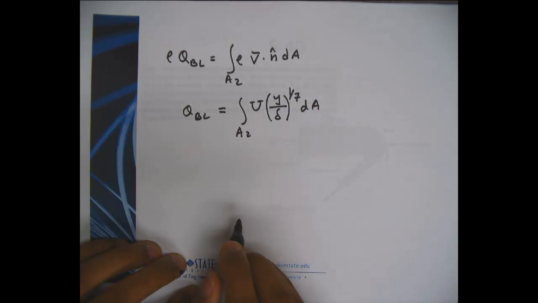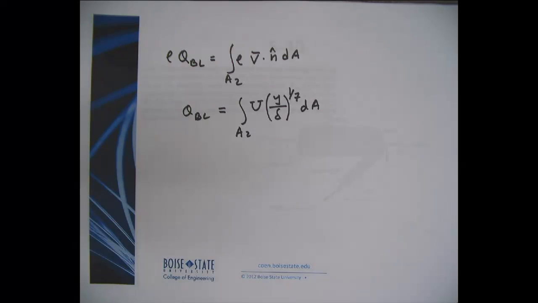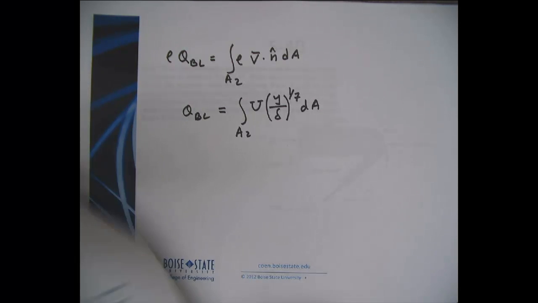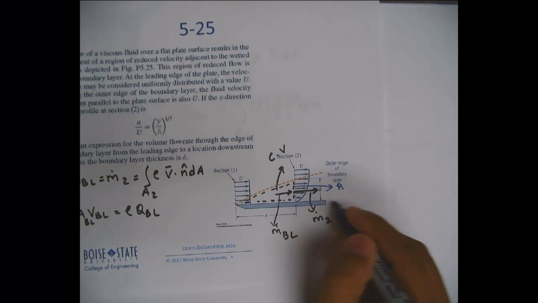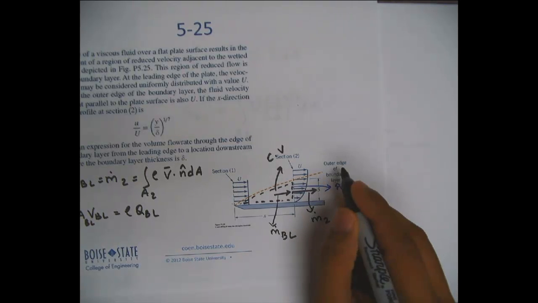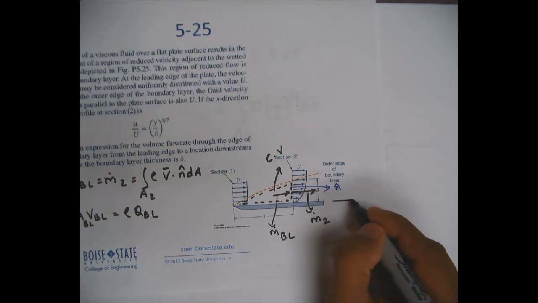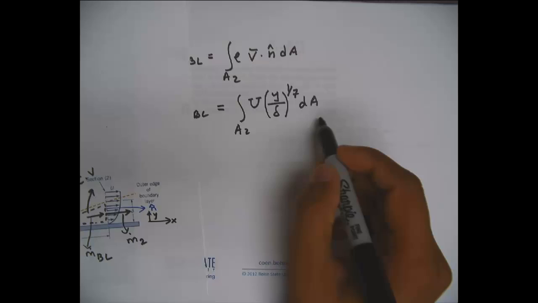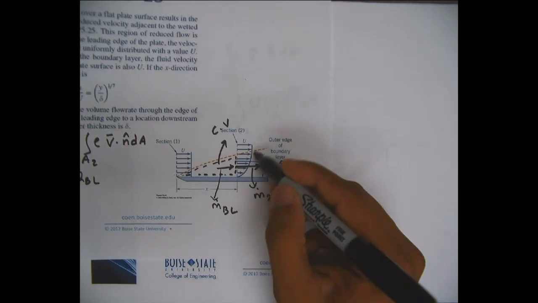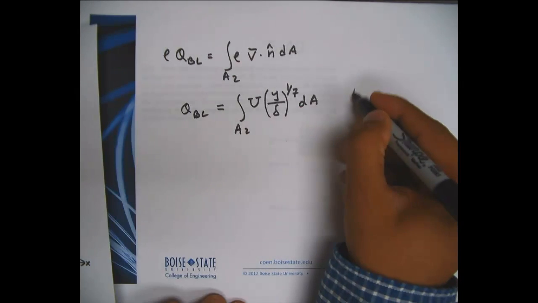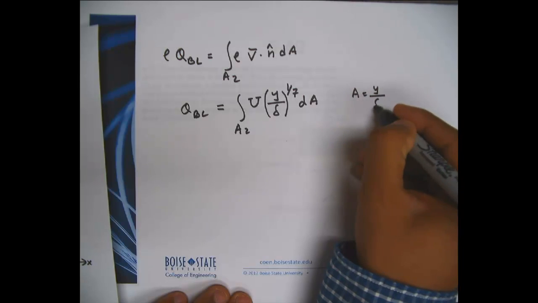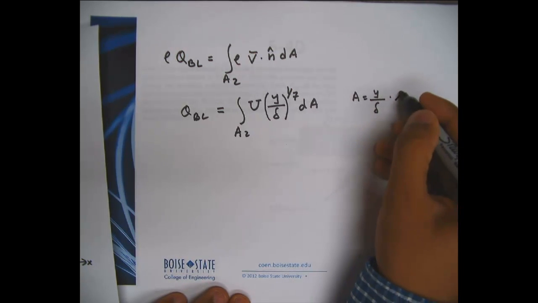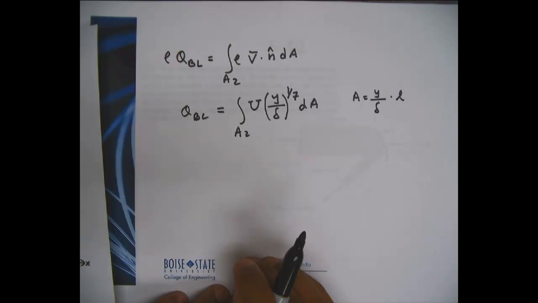You can see from the figure, if this is your x direction and this is your y direction, the area for this section will be some L times dy, where L is the width of your plate.